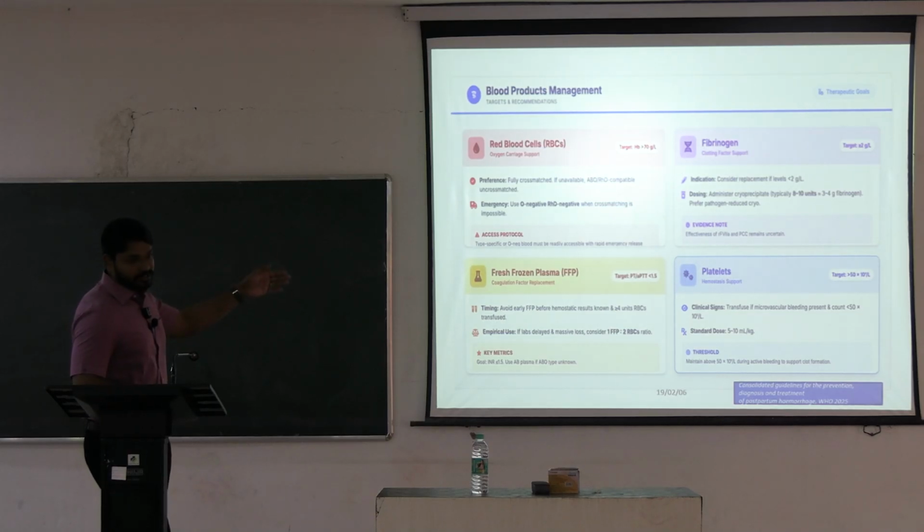RBCs: we should transfuse PRBCs when the hemoglobin is less than 7 gram per deciliter. Fibrinogen, if it is less than 2 gram per deciliter, we will try to give cryoprecipitate. Fresh frozen plasma: we have to check PT and APTT.